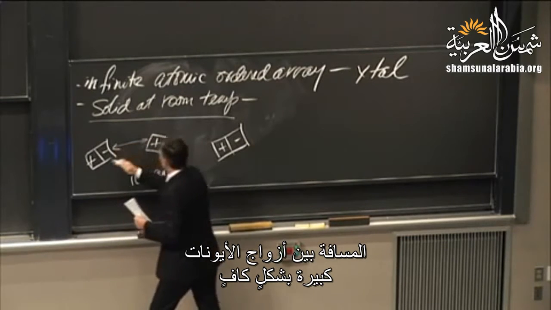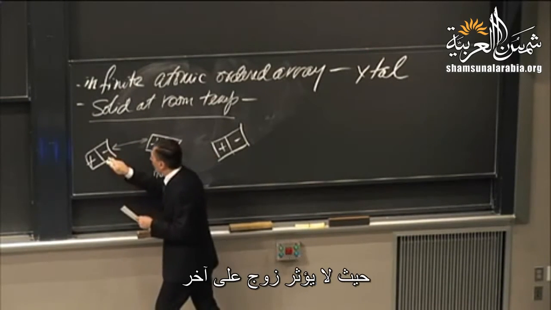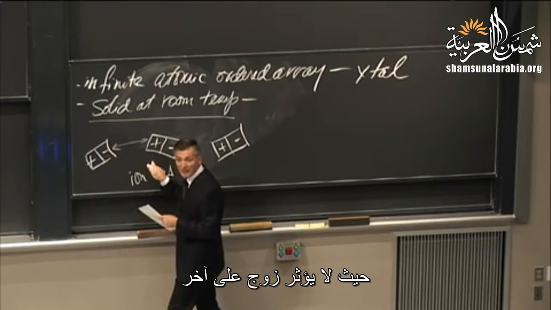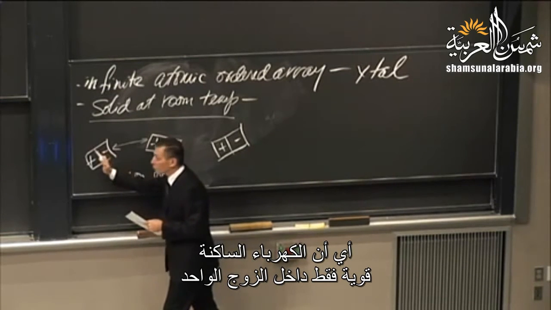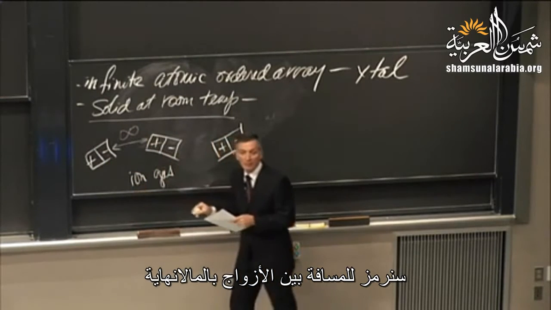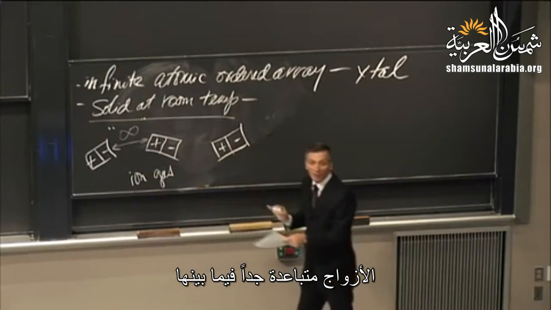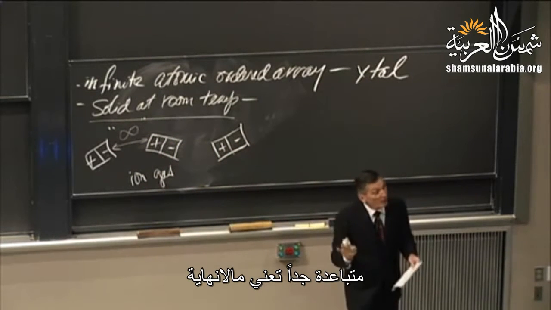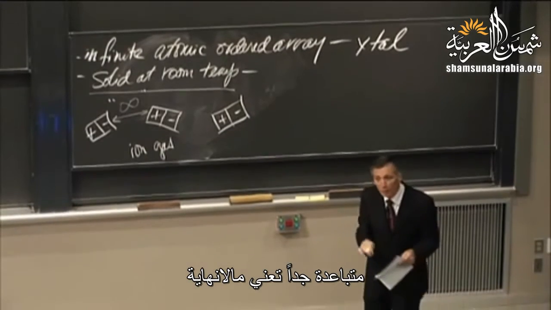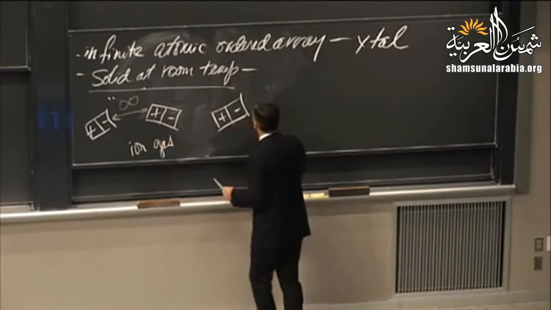And the distance between ion pairs is great enough that the one pair doesn't affect the other. The electrostatics are only strong within the pair. So we'll just label this infinity, okay, with quotation marks around it. They're very far apart. When a physicist says they're very far apart, very is code for infinity. So this one doesn't interact with this one, which doesn't interact with this one.